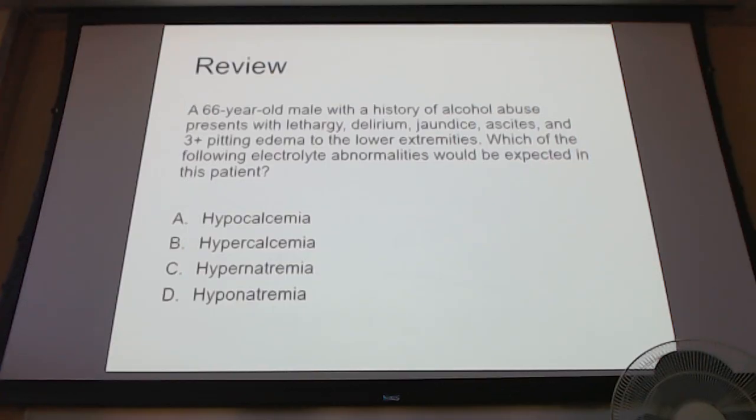D. Hyponatremia. He might have cancer. He's an alcoholic. He's got ascites, pitting edema. So is he volume up, volume down, euvolemic? Volume up. You don't know. That's kind of a trick.